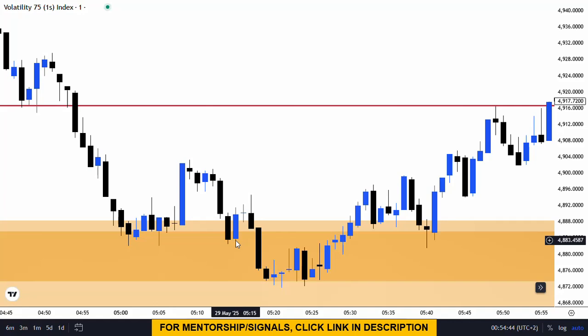A fair value gap is more of a displacement. So when a fair value gap doesn't work, it becomes an inverted or inverse fair value gap. So what we have here, you can call this a displacement going to the downside. Price is supposed to respect this, but it didn't.